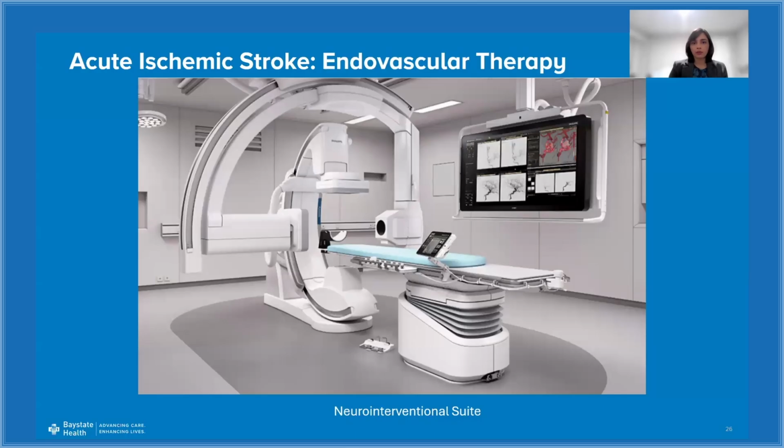Usually the procedure is performed in a cath lab or a neurointerventional suite, where you can see this big machine with two C-arms, a big screen, and then the procedure table where the patient lays flat. These two C-arms deliver X-rays or radiation by which we can actually visualize the blood vessels, which you can see here in the picture.